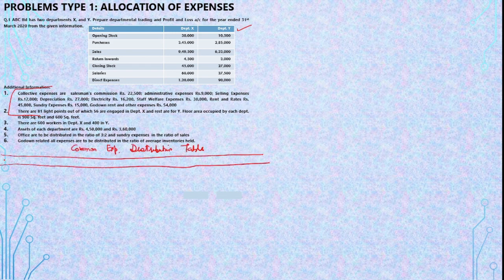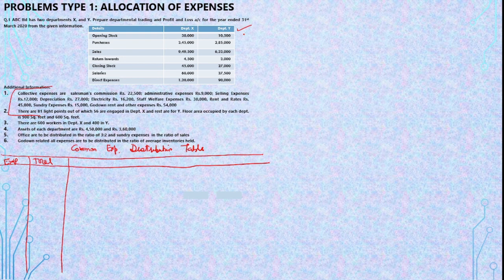So you have the expense. Now while distributing the expense, we need to know the total amount. This total amount is to be distributed among the 2 departments only. But what will be the basis, and on that basis, what ratio is being arrived at? That we need to consider. So X and Y department.